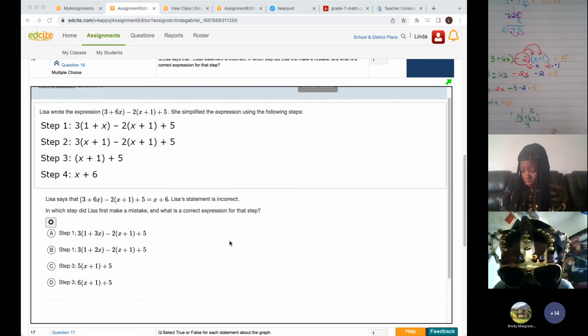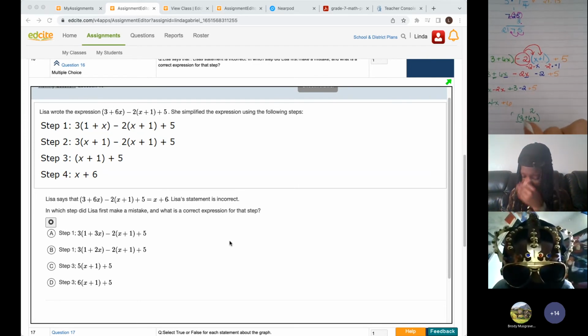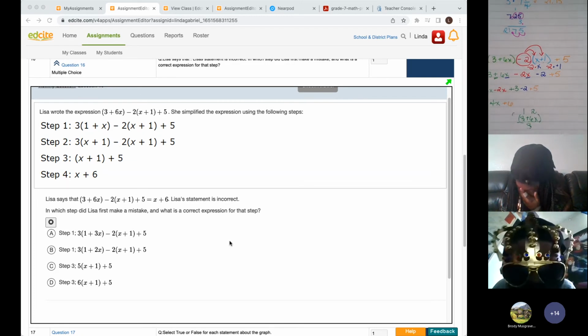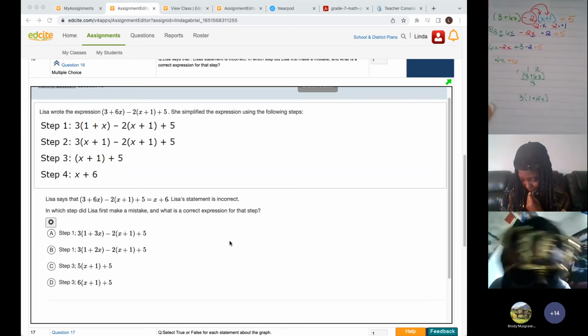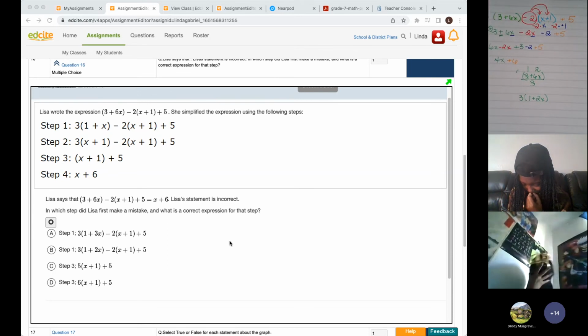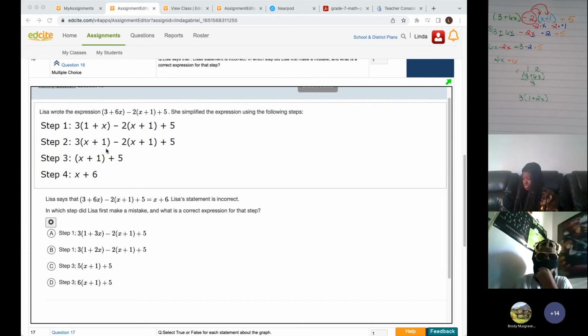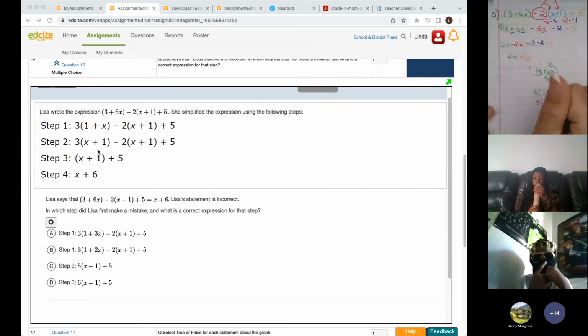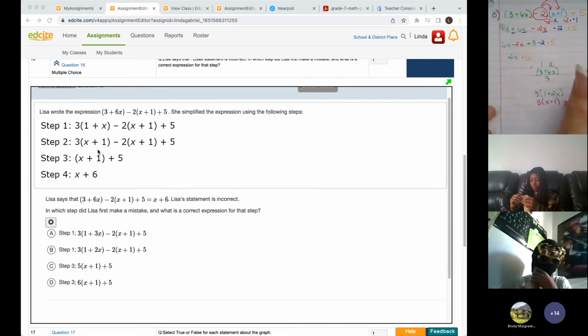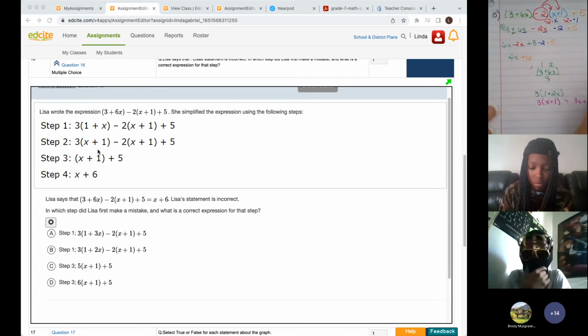So it should look like 3 parentheses 1 plus 2x. But in my step 2, it has 3 parentheses x plus 1. So step 2 right here, we already have a mistake, right? Because 3 parentheses x plus 1 would be equal to 3x plus 3.